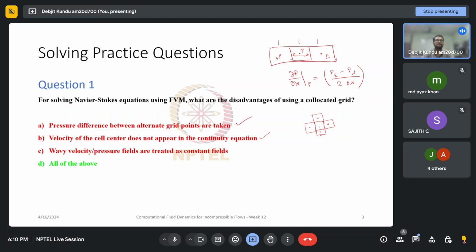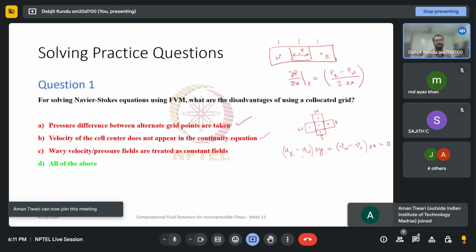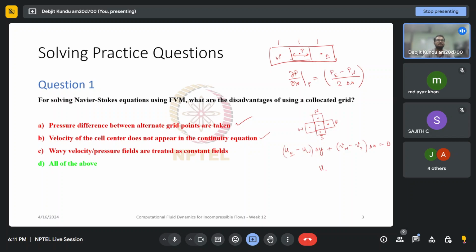So basically, if this is P and this is E, east, west, north, south, the continuity equation ends up looking like this: (UE minus UW) into delta Y, which is the area through which it flows, plus (Vn minus Vs) into delta X equal to 0. So this is the continuity equation in the integrated form. So here also UP or VP does not appear.